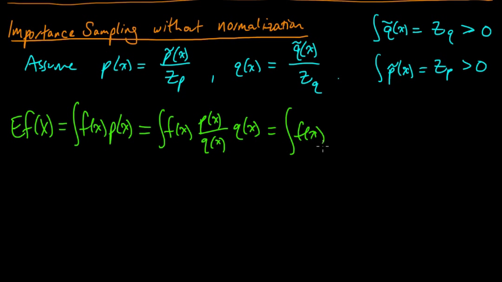We get f of x, p tilde of x over q tilde of x. Then we have to put in their normalizing constants, Zq over Zp, and let's leave q here. So we'll be assuming that we can still draw samples efficiently from q, but that we just can't evaluate p and q efficiently.